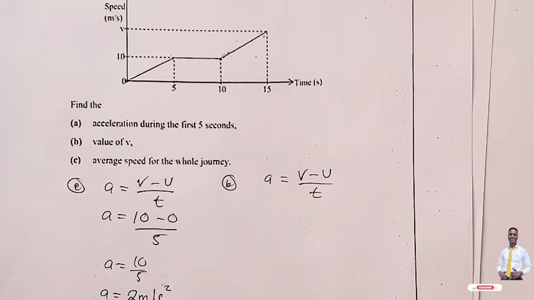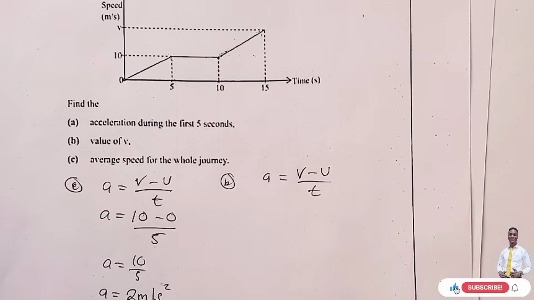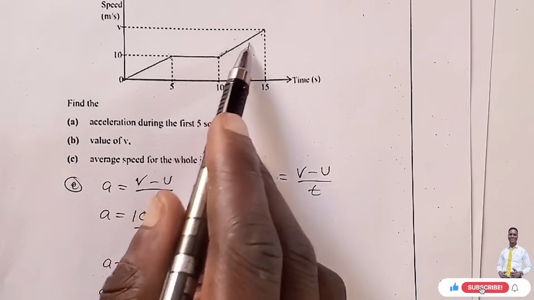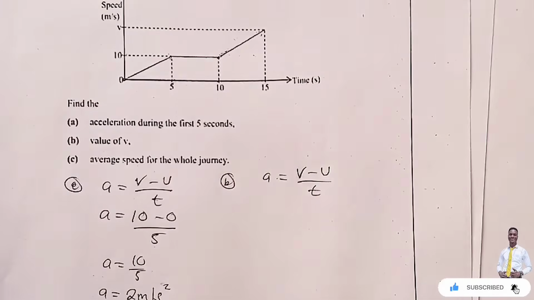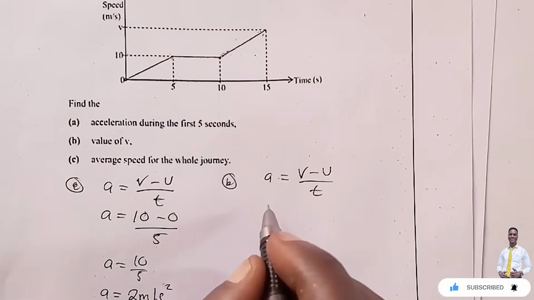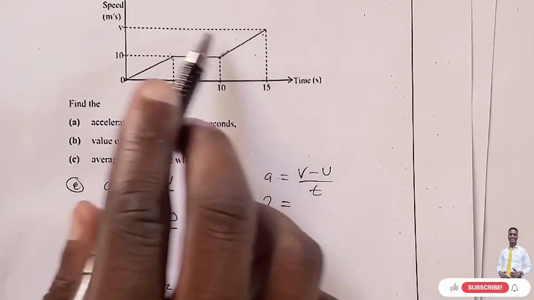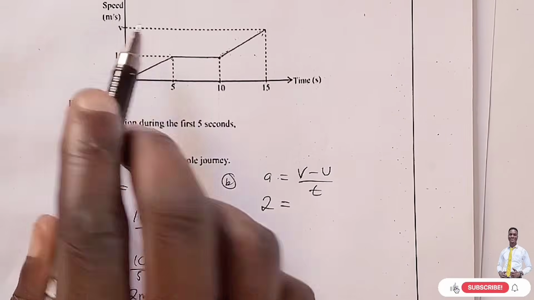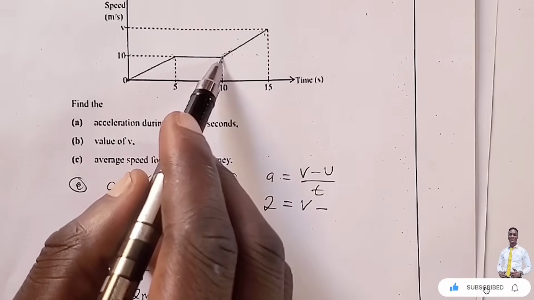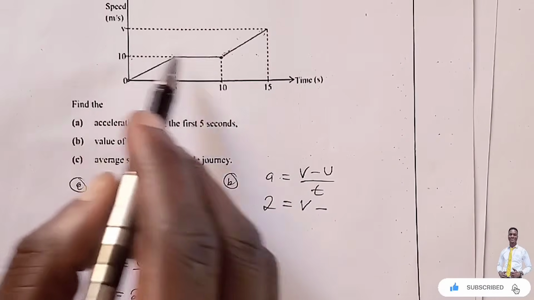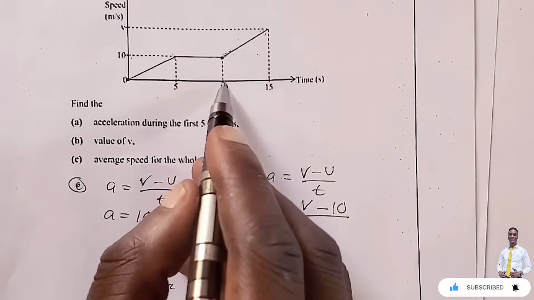Then we just substitute. Acceleration is 2 meters per second squared. The final velocity is v, minus the initial velocity, which is 10, over the time taken.